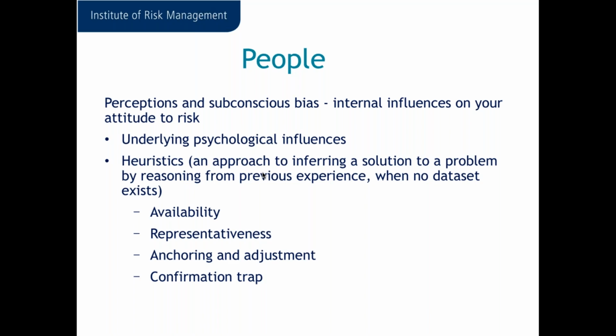The second one is representativeness, and this is where you use similarity to stereotype as an indicator of how significant a risk is. So if you think about people in the UK, we could say we're quite repressed about giving our opinion or talking plainly, but that's generic, and that generic understanding might not work in specific situations.